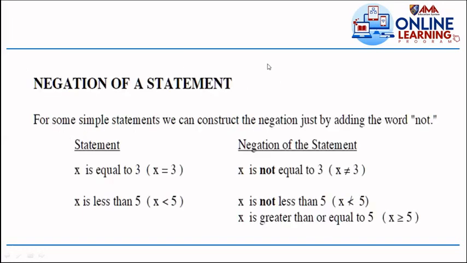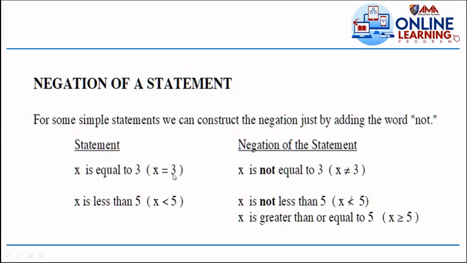Okay? Next, we have your D, the negation of B statement. Sabi dito, for some simple statements, we can construct the negation just by adding the word not. Okay? So the short statement, x is equal to 3, and the short symbol, x is equal to 3. Okay?